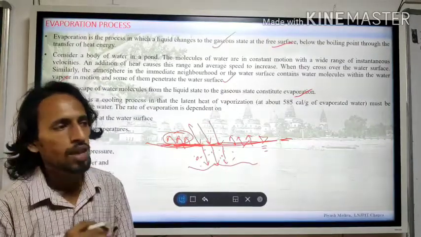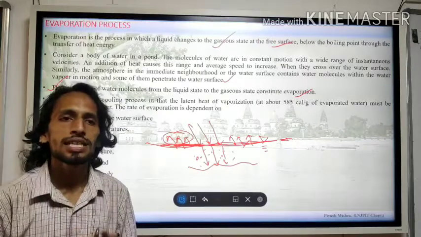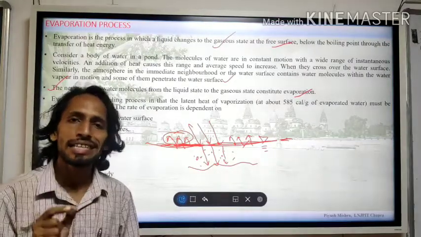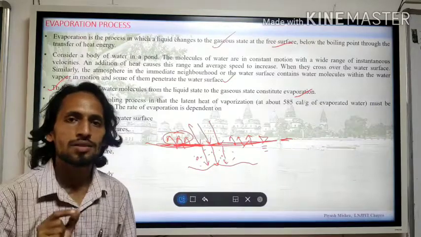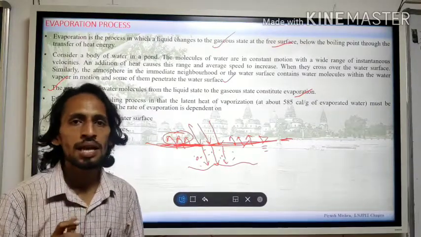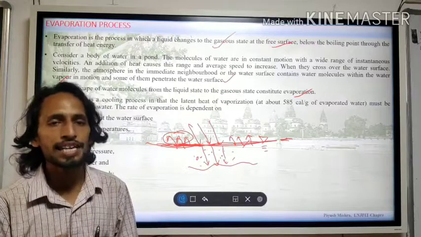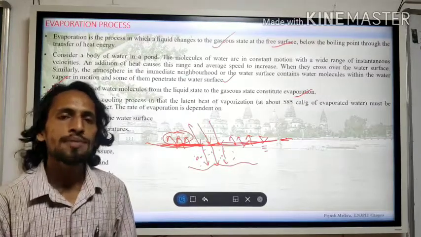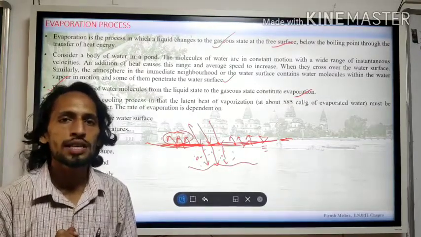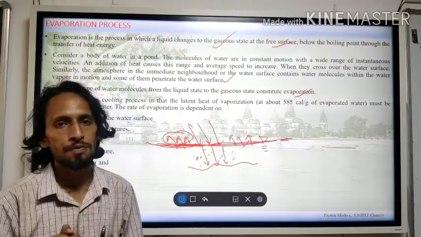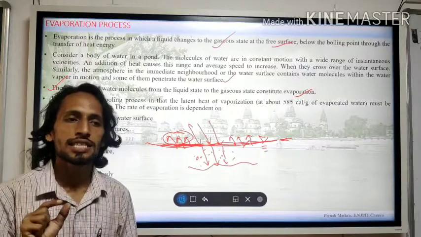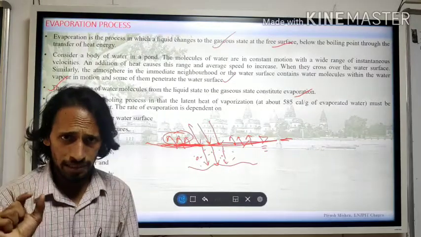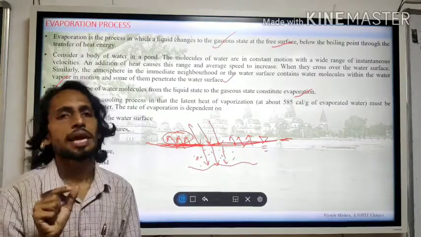A similar analogy is there. When there is evaporation, there is a net reduction in temperature. Why is there some reduction? Because some of the energy is absorbed by the water to convert water into vapor. So this change of energy reduces your temperature.